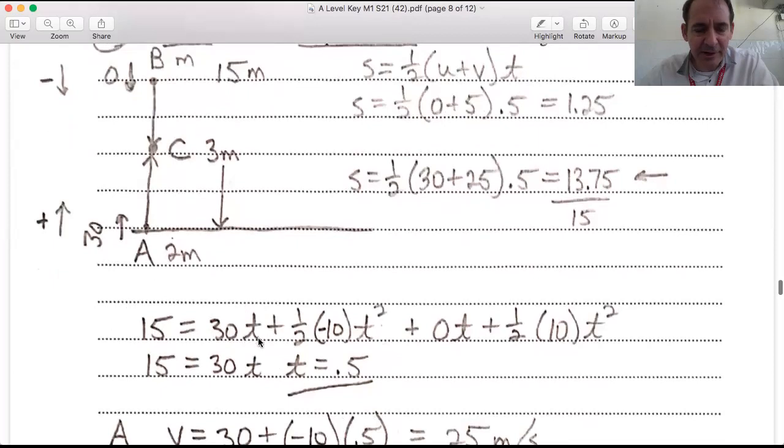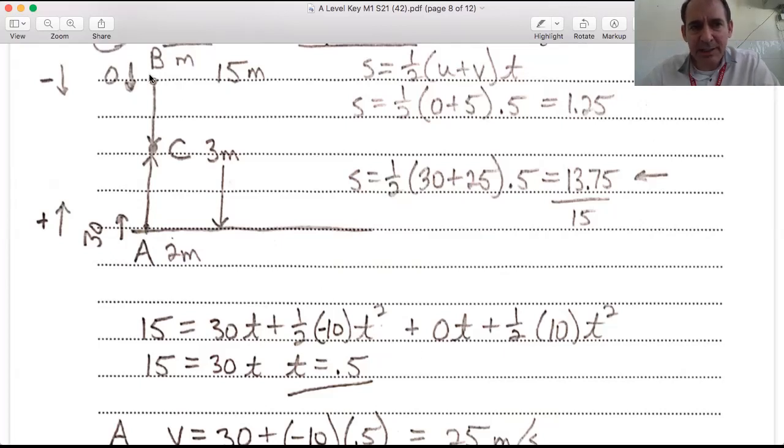The distance for A is its initial velocity times time, 30t, plus 1/2 times -10 times t squared, because from the perspective of A, gravity is pulling you back toward A.